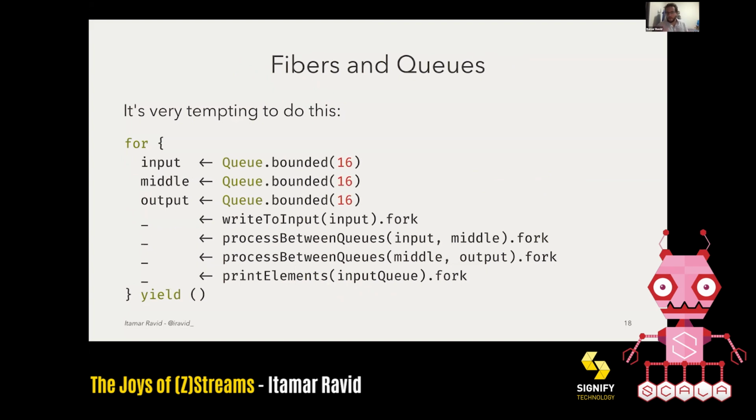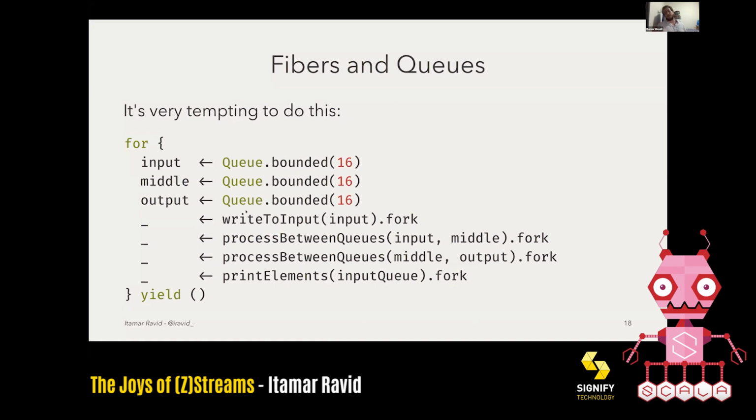So this is pretty tempting, and it's pretty straightforward, I guess, to write this sort of program. The problem is that in actual programs we're definitely not getting interruption safety, because if we want to terminate this running computation, we should be terminating it in a particular order.